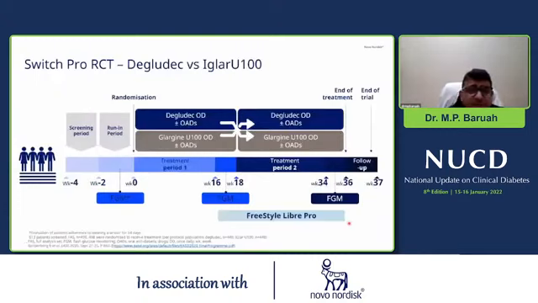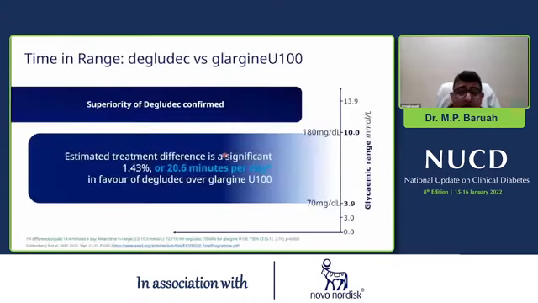And this very interesting study showed degludec versus Glargine when added to oral antidiabetic drugs. It was a crossover design because it was open label, so it decreased the selection bias. It was crossed over, and the same patient would receive both the insulins. There are very interesting data coming out of this.